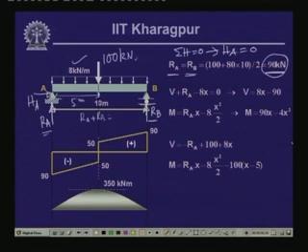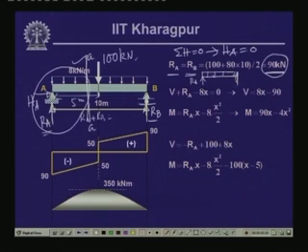Now, if we take the free body diagram of this particular part, supposing we cut the beam at this location, let us say this is AA, then we have the reactive force RA over here, we have the distributed load of 8 kilonewton per meter, and we have the shear force V and the bending moment M at this cut section.